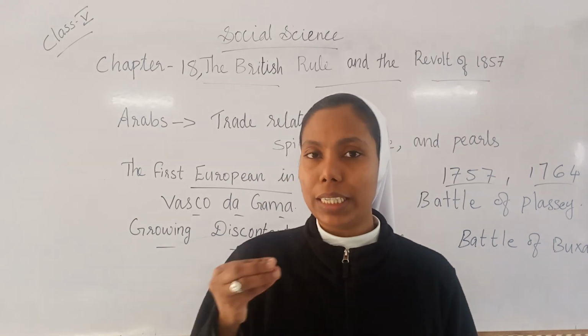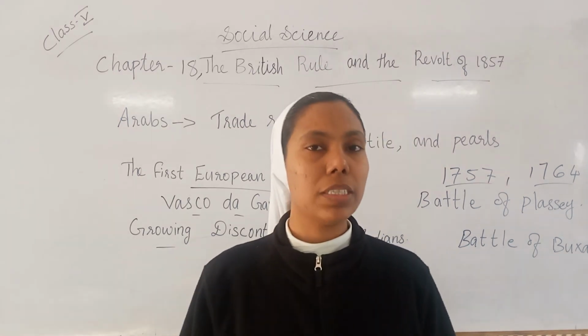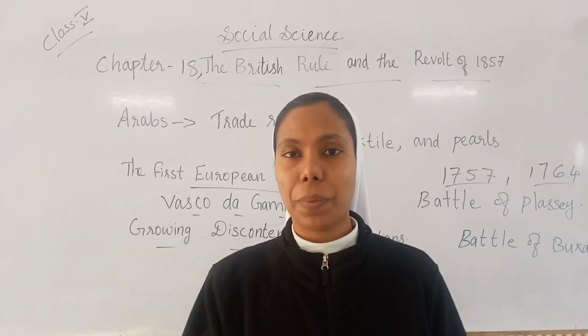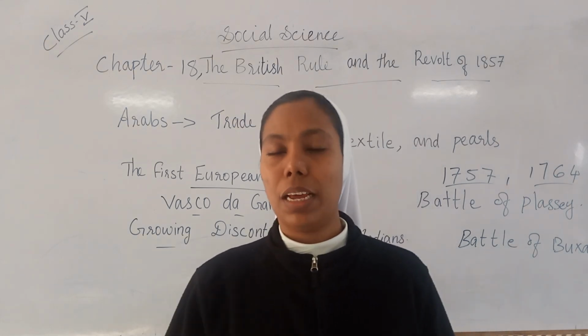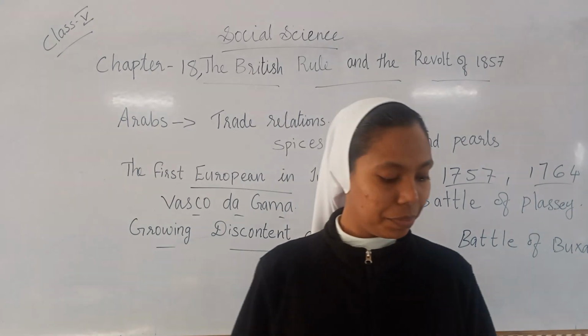The Indian farmers grew these crops, and the British bought them at a low price, for only a little money, and then sold them to foreign countries at high prices.